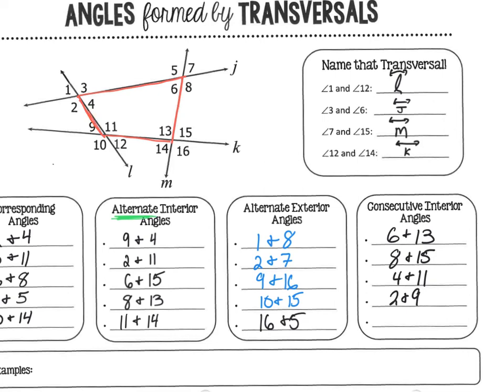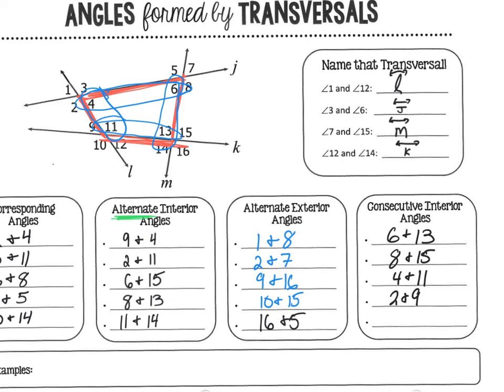All right. So if you were looking to do consecutive ones, you would just go to ones that touch the same line. So like I was showing here, those would be consecutive. Those would be consecutive. And those would be consecutive.